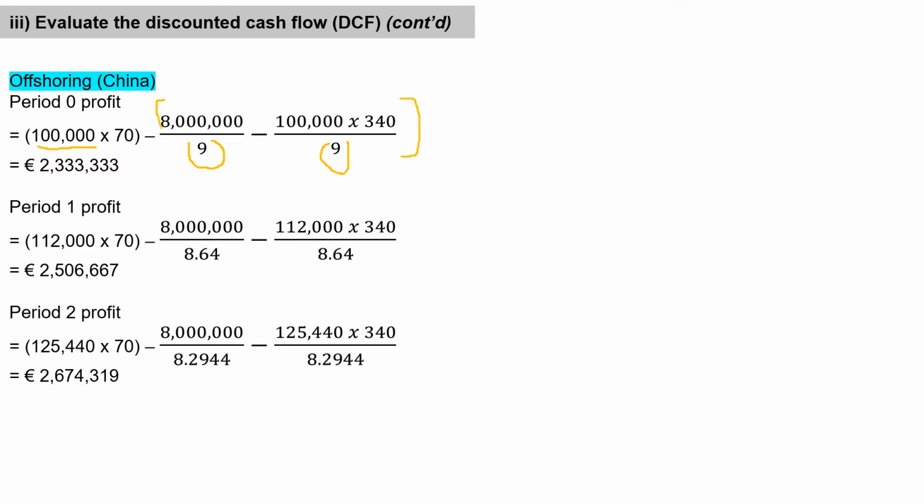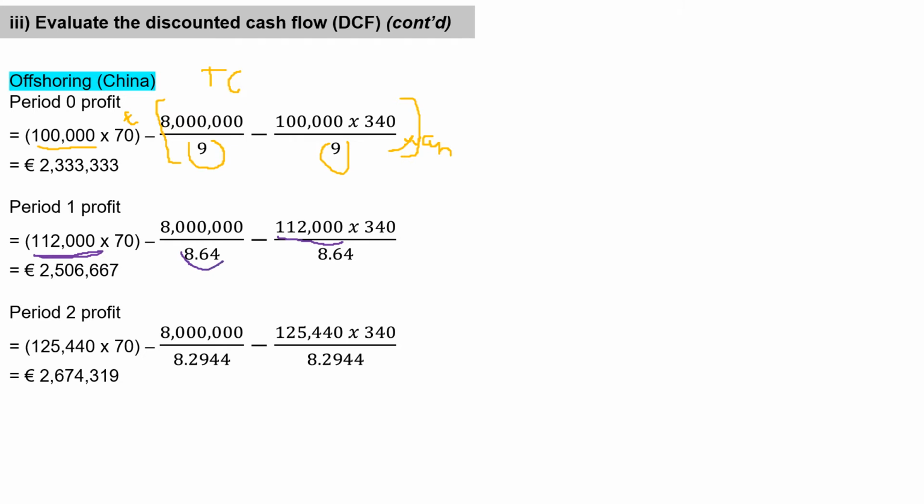So from here, the revenue is 100,000 times 70, the price in euro, minus the 8 million divided by 9, the exchange rate in period 0, minus the 100,000, the demand in period 0, times the 340 divided by 9, the exchange rate in period 0, and we get this number. And then for the period 1 profit, also the same, the difference is the unit demand and the exchange rate.